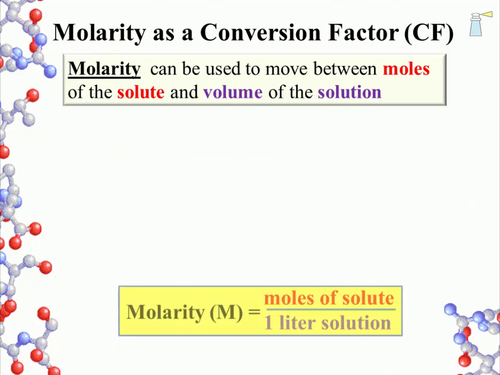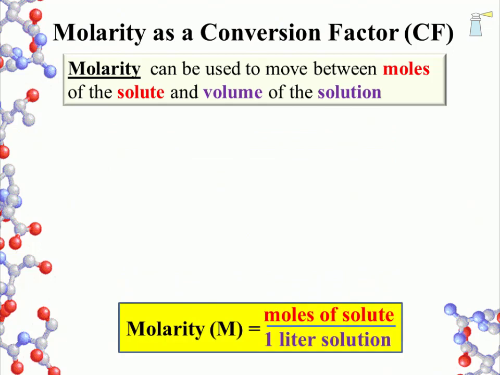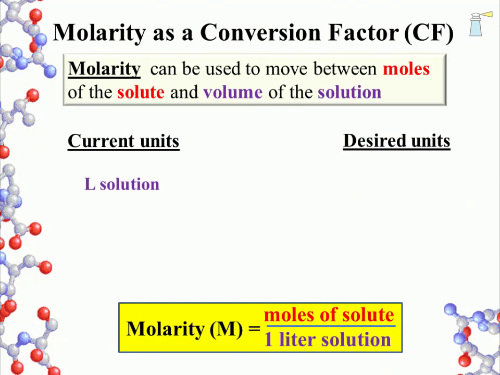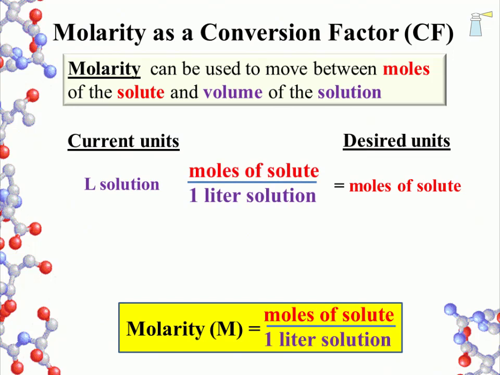As a demonstration of the principle, consider the arrangement of units under the heading of current units, as in have or given units, and desired units, as in wanted or asked for units. The conversion that begins with liters of solution and ends with moles of solute requires a solution molarity in the orientation that allows the units of liters to cancel out, leaving the desired units of moles of solute.